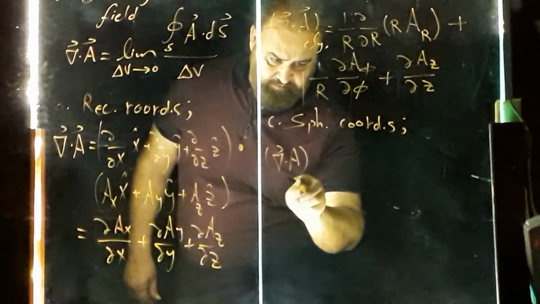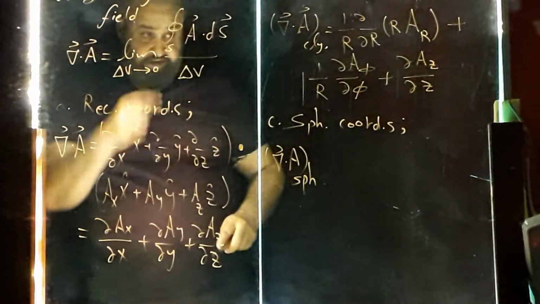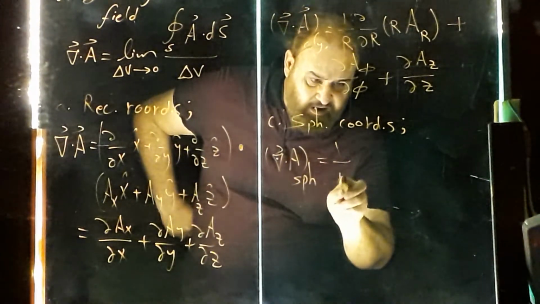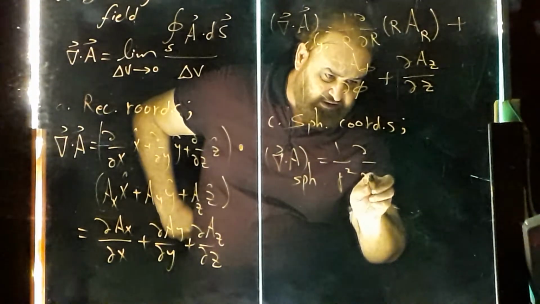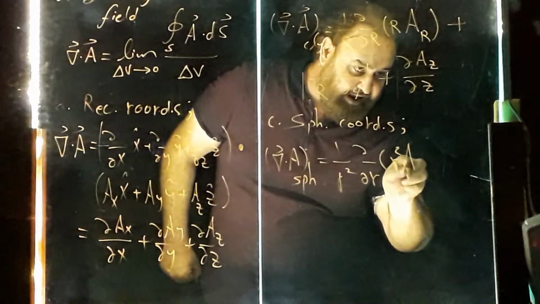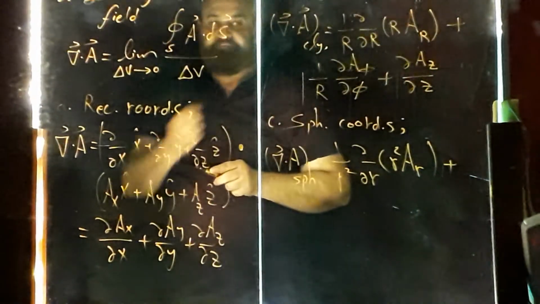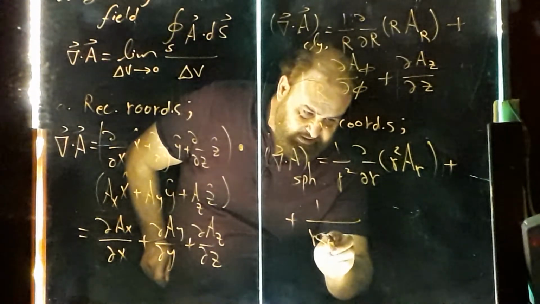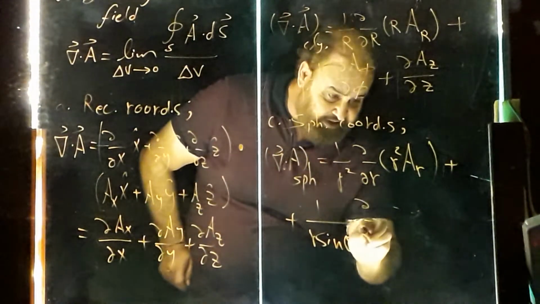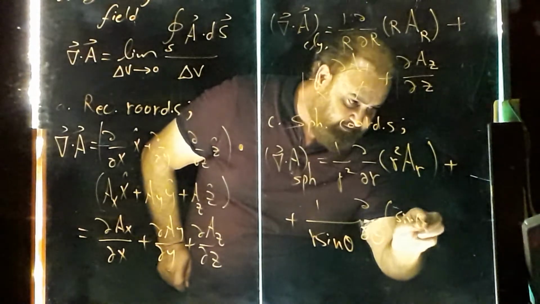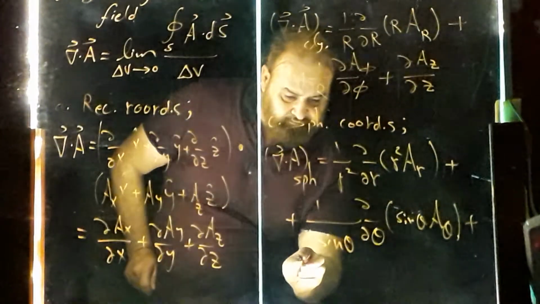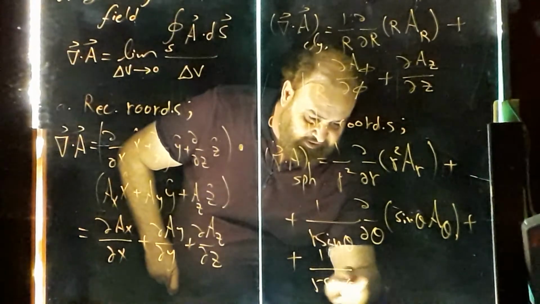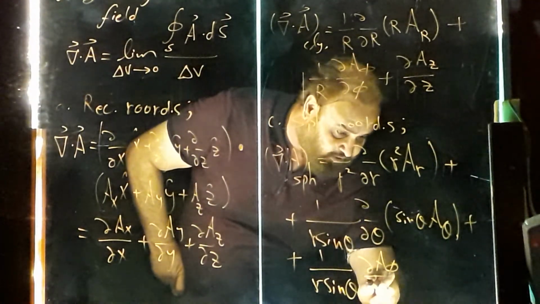Divergence A in spherical coordinates equals 1 over r squared, partial r for r squared A sub r, plus 1 over r sine theta, partial over partial theta for sine theta A theta, plus 1 over r sine theta for the partial A sub phi over partial phi.